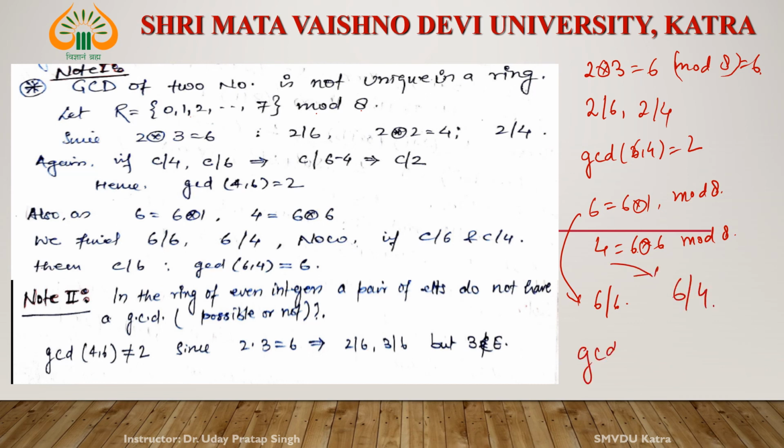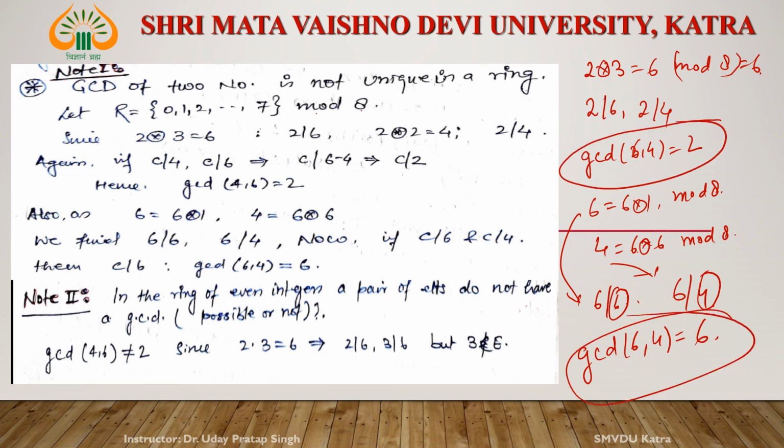So GCD of this 6 and this 4 is equal to 6. Here GCD of 6 and 4 is 2. Here GCD of 6 and 4 is 6. So GCD is not unique. Greatest common divisor is not unique. Remember that in a ring GCD is not unique.